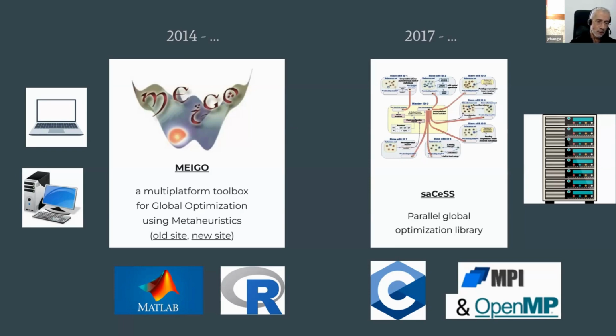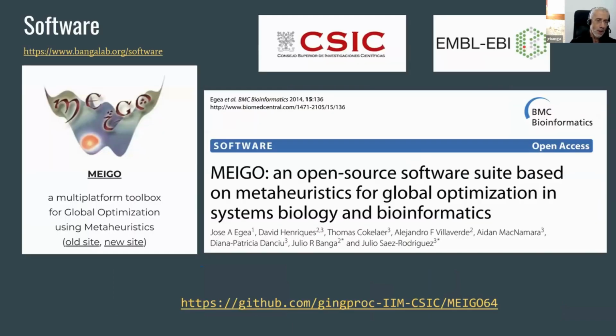You can also run it on modern workstations where you can compile C with MPI and OpenMP, but it's intended especially for high-performance computing hardware. So first, I will talk a little bit about MEIGO.